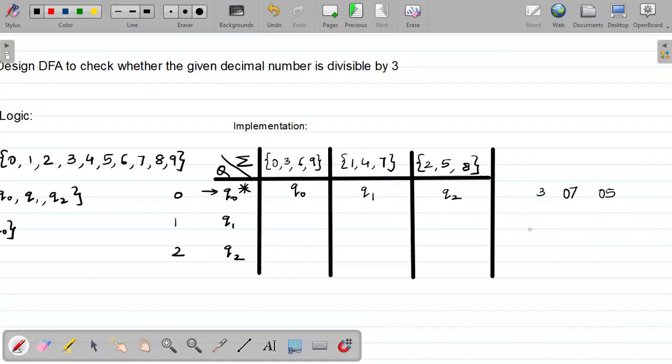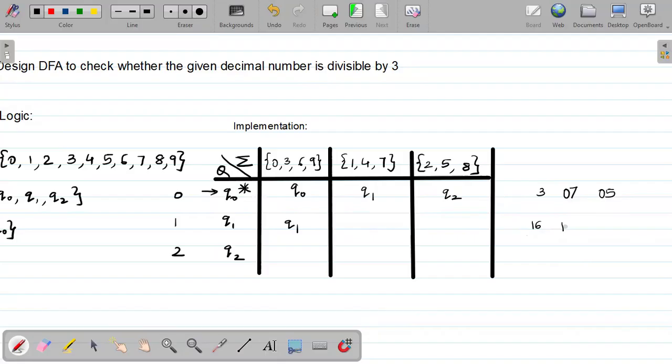Now suppose we are in Q1, remainder is 1, and we get the number 6. I am choosing 6 this time. 16 when we divide by 3, it is how much? 3 fives are 15. Remainder is 1. So Q1 will go to the same state Q1. Already we were having 1.